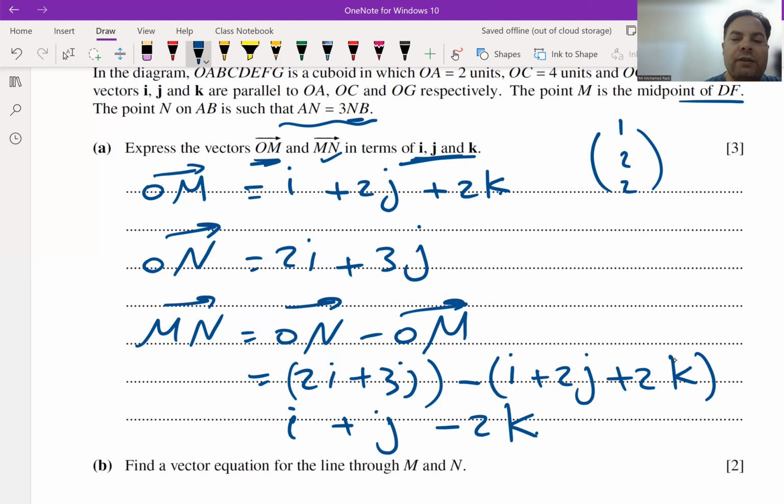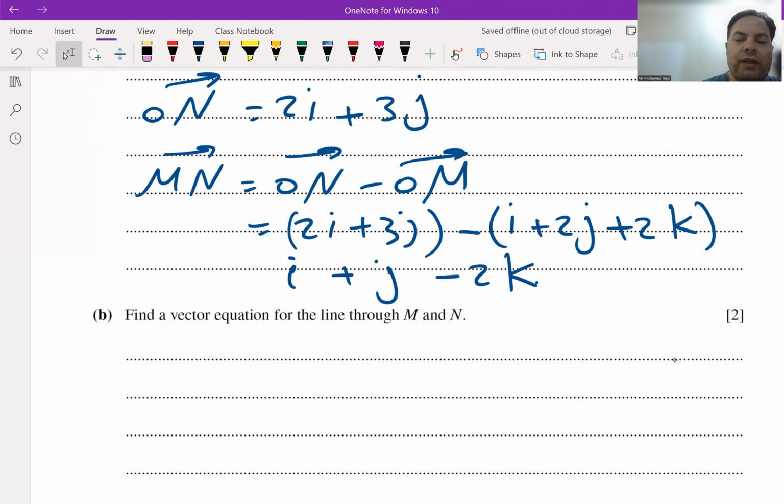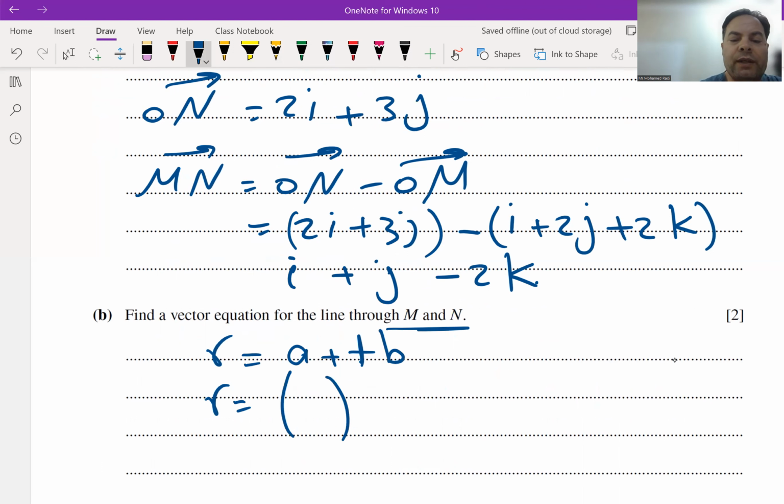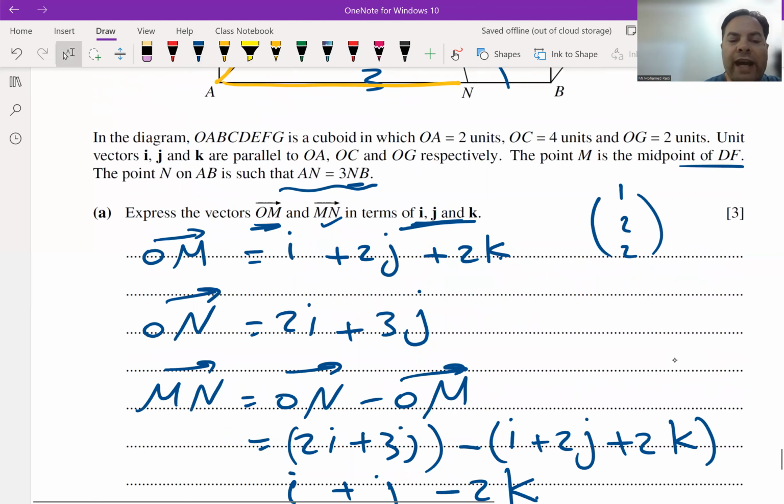He asked to find the vector equation of the line passing through MN. The vector equation is r equals a plus tb. So r equals a, the start point, plus t times b, a direction vector. You can use either OM or ON.